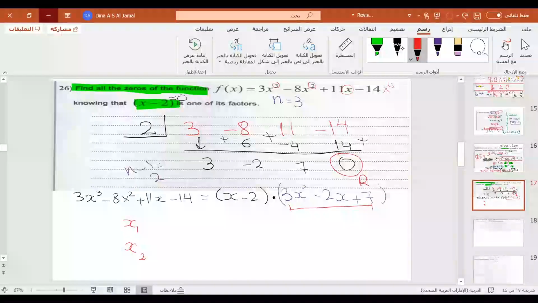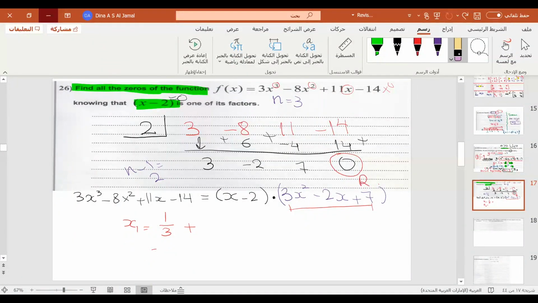So x1 and x2 will be imaginary numbers or complex numbers. 1 over 3, plus, and let's write it one time, it will be your x 1 and 2, plus and minus 2 square root of 5 over 3i.